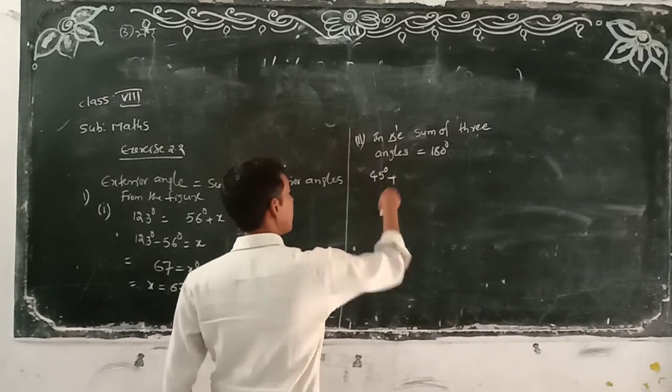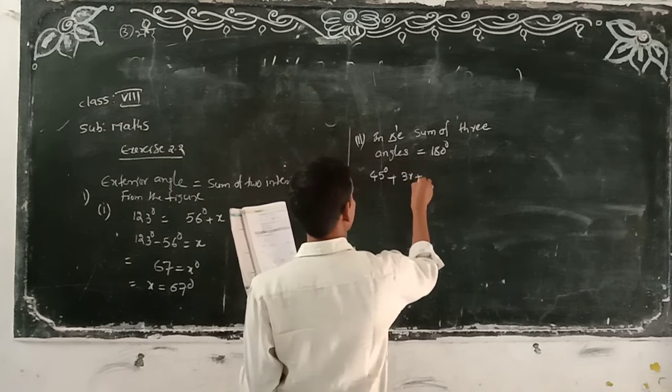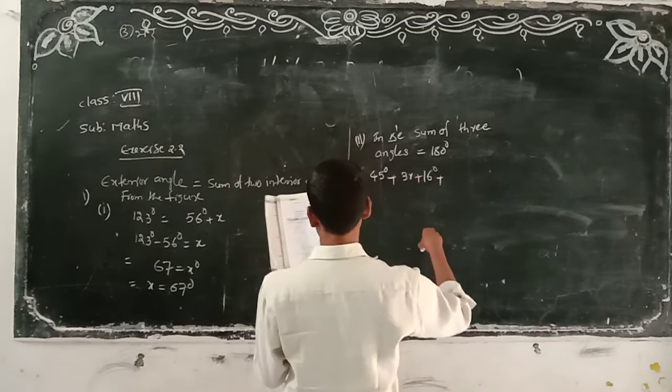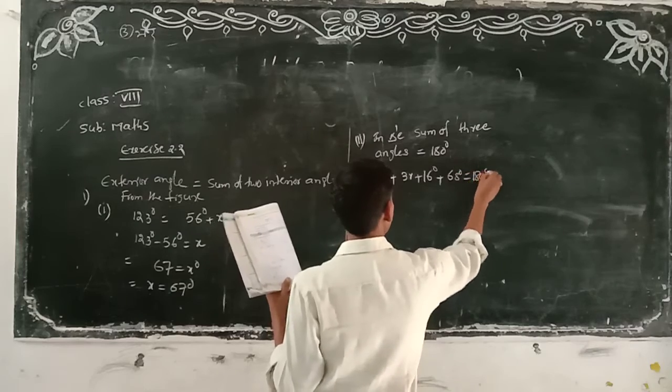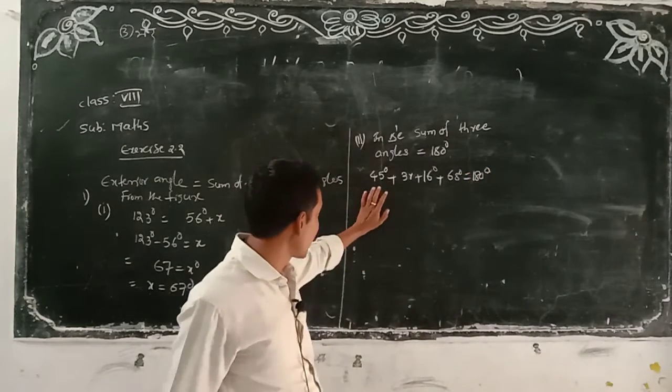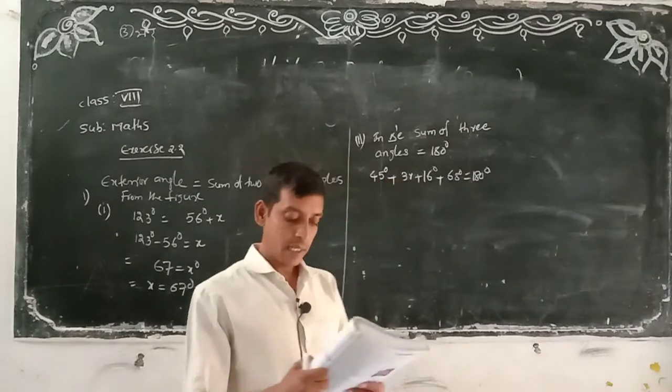What are the three angles here? 45 plus 3x plus 16 plus 68 is equal to 180. The sum of these three angles equals 180 degrees.